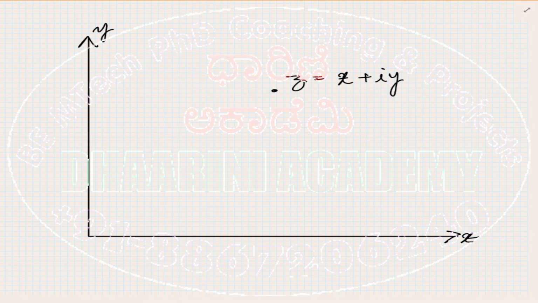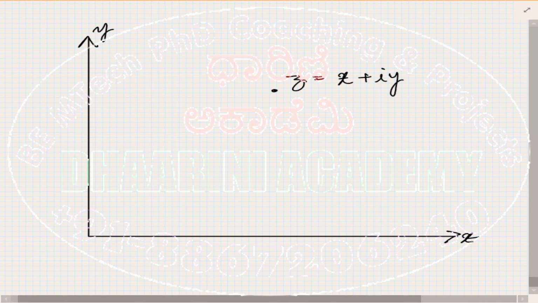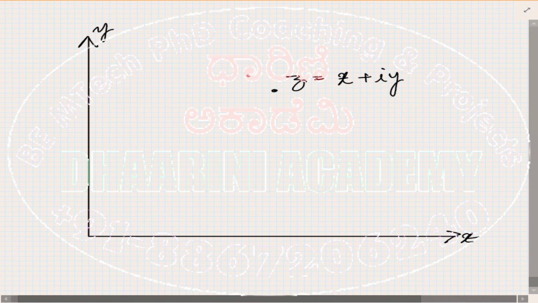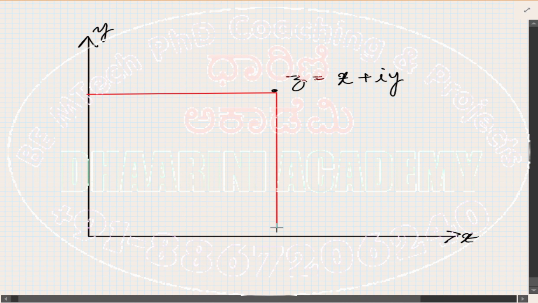This actually means I have to move so much distance along the x-axis and so much distance along the y-axis. So let's mark them. Let's assume this is the distance I am moving along the x-axis, and this is the distance along the y-axis. So this is the point z. This is the distance x, this is the distance y.